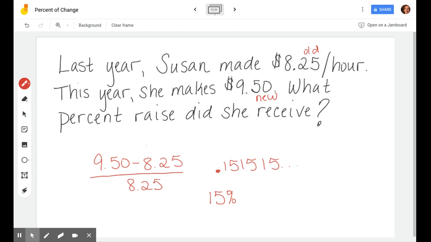Or you could call it, remember, scoot, 15.15 repeating percent. Or you could call it would round to 15.2%. That's okay. Chances are we would just say 15% because typically when you get raises, it's a nice whole number percent. It wouldn't be with a decimal in it.